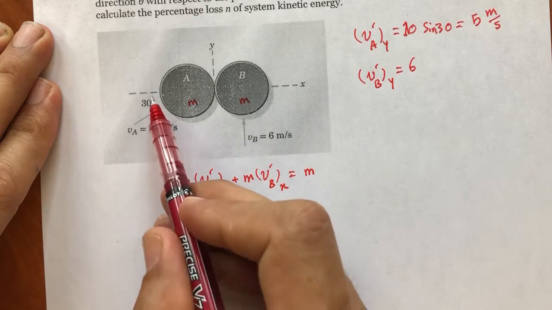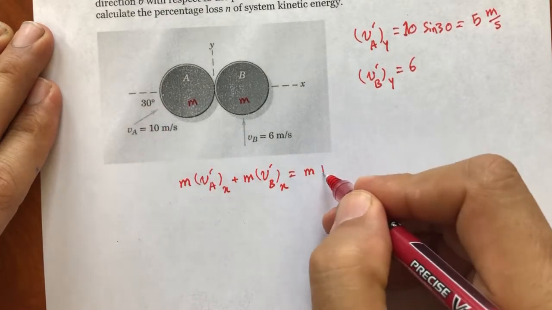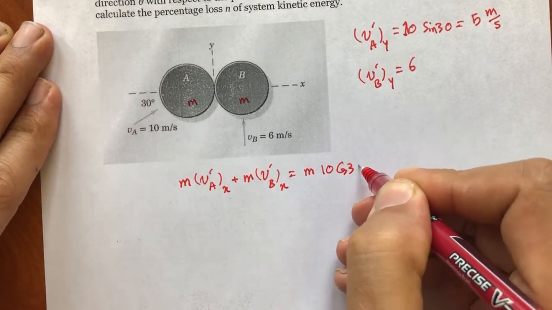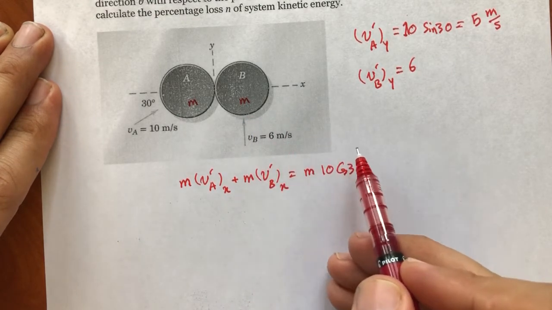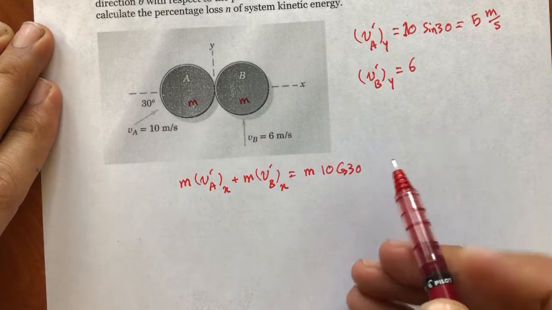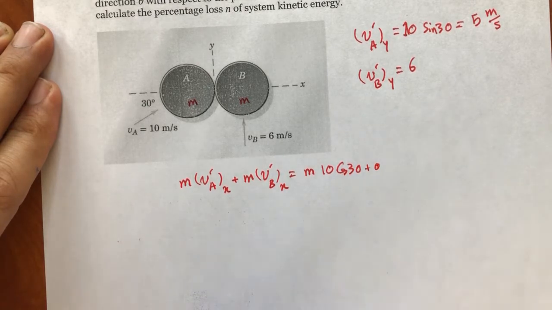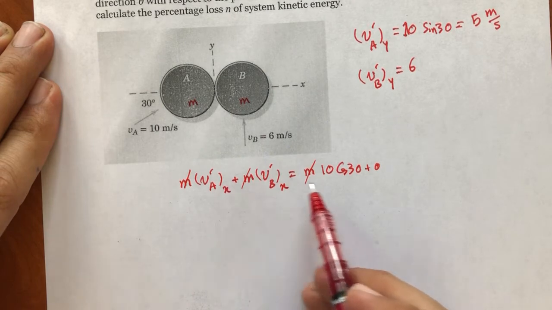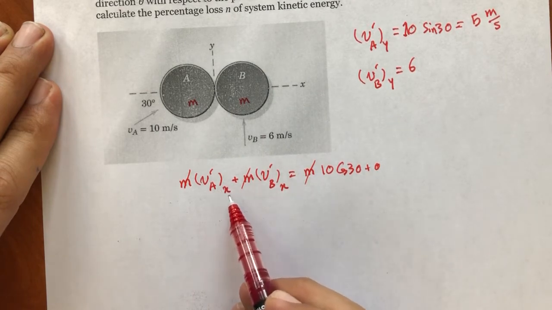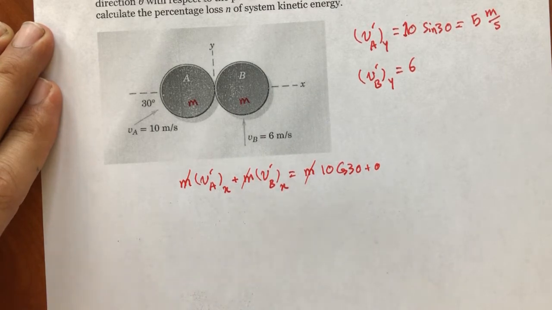So it's going to be 10 times cosine of 30 for this one. And the velocity of B in the x direction before impact is 0, so we only have 0 here. m is going to cancel out from this equation. So we got one equation for VA prime and VB prime in the x direction.